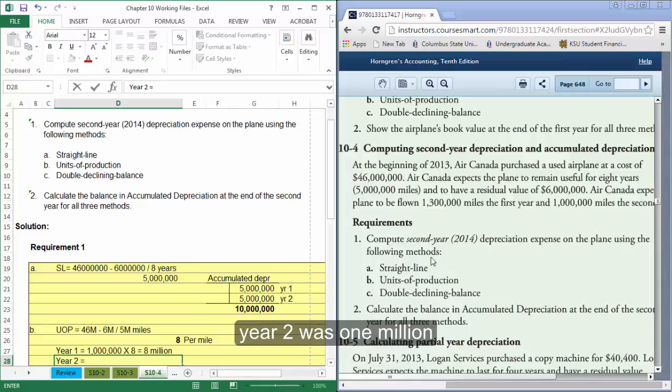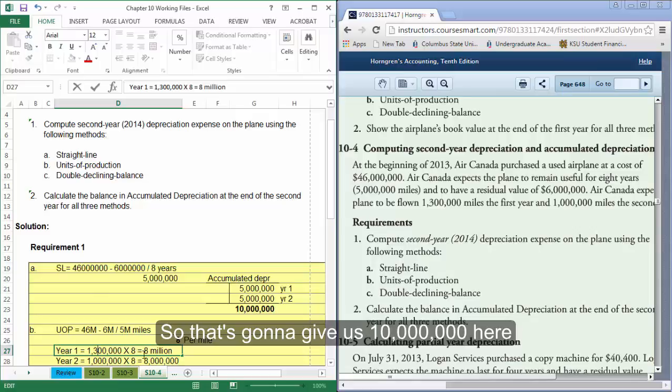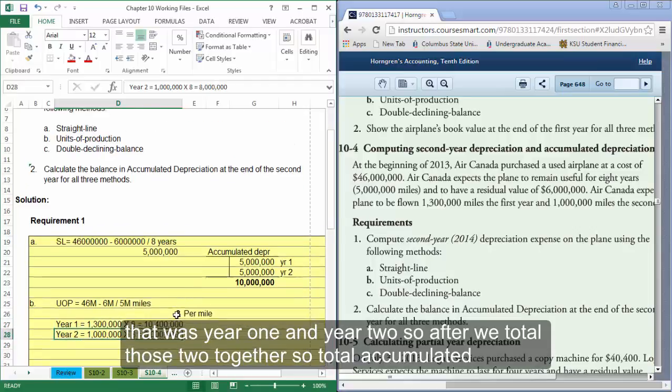In year 2, they did, oh no, year 2 was 1 million. And year 1, they did 1.3 million. So that's going to give us 10 million here, 10,400,000. So that was year 1 and year 2.